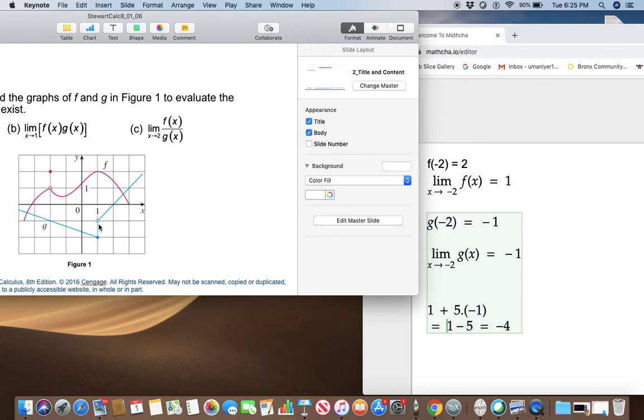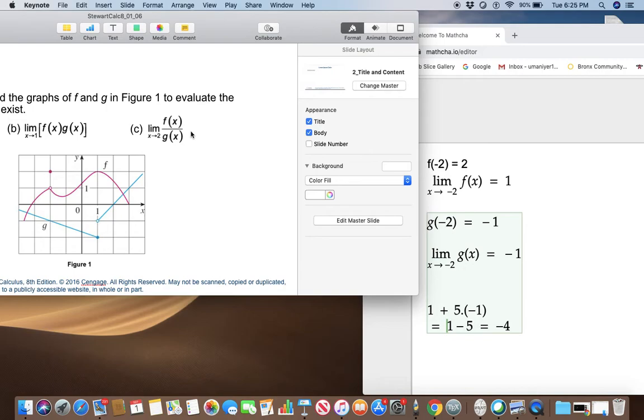The two branches disagree. Okay. So at 1, we cannot use the law. In fact, we cannot find the limit at all. We can find the right-hand limit, we can find the left-hand limit, but not the limit itself because g does not agree.